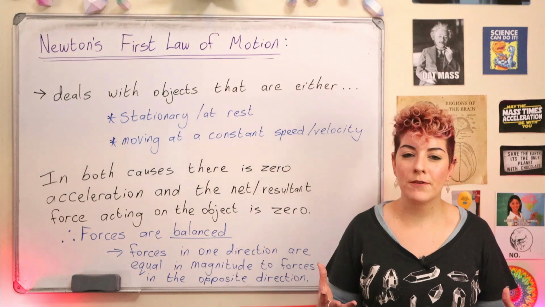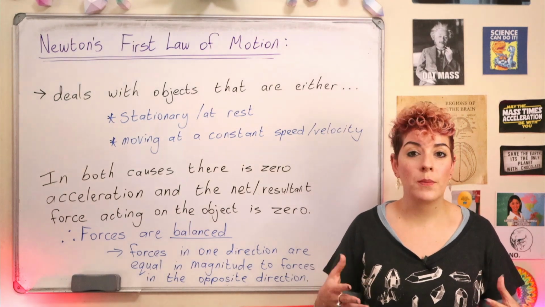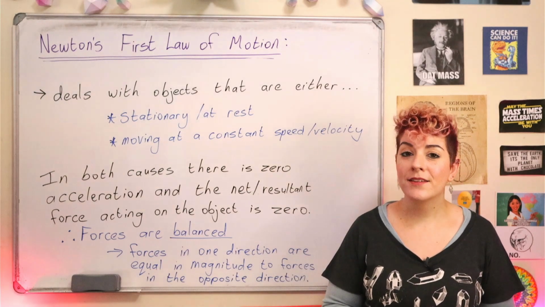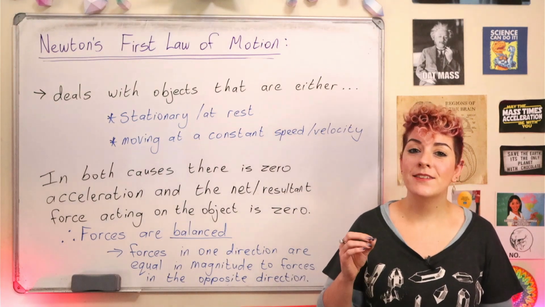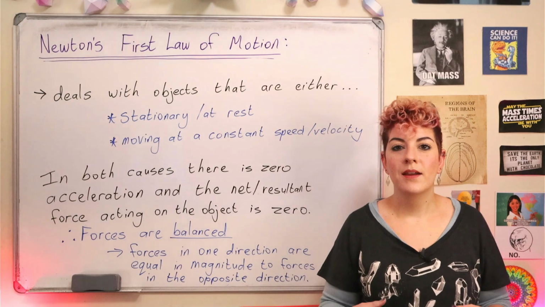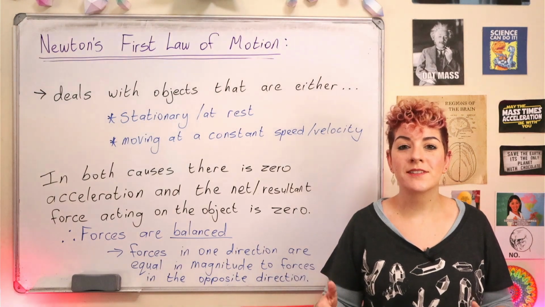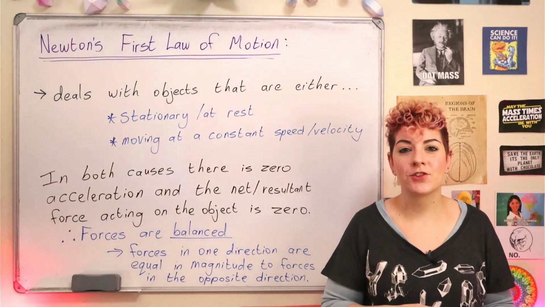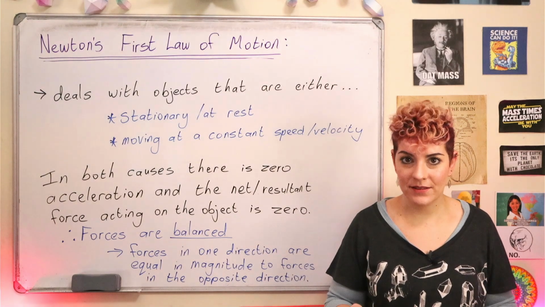And that's the theme of Newton's first law. It's all about objects that have zero acceleration. And this means that they will have a zero net or resultant force acting on the object, meaning that all forces acting on the object, both parallel and perpendicular to the surface, are balanced.